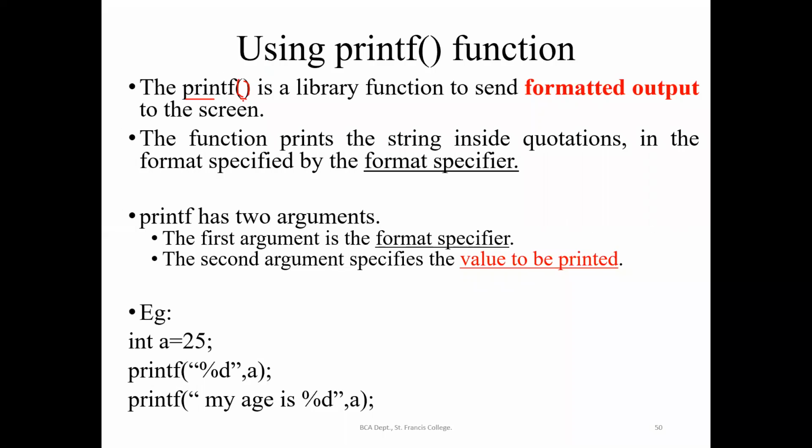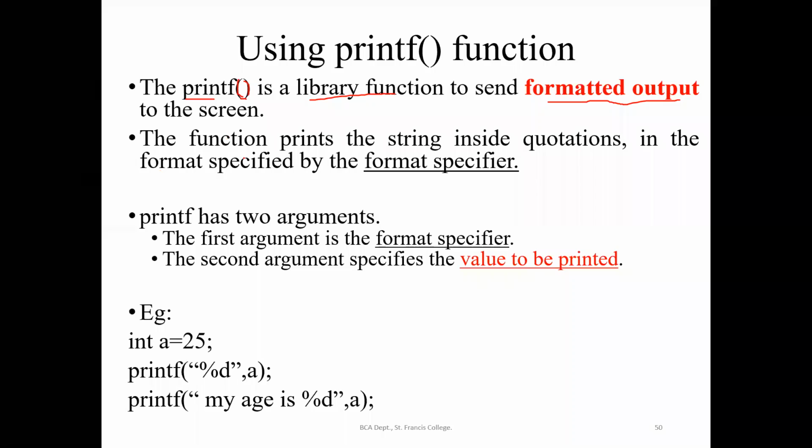Now the first line: printf is a library function, and it is used to send the formatted output onto the screen. We studied that it is used to send an output to the screen. Screen means it is our default output device.